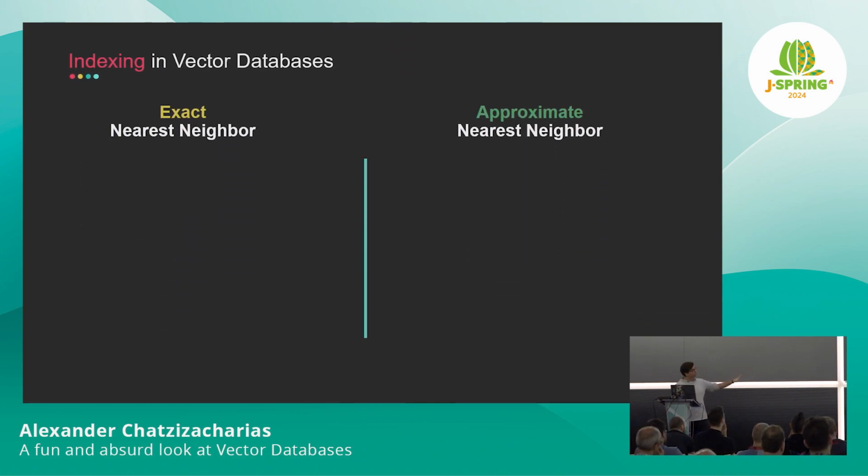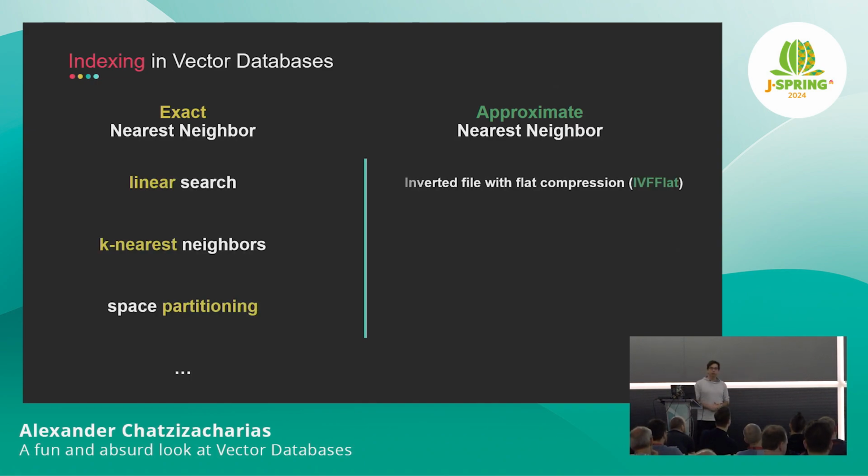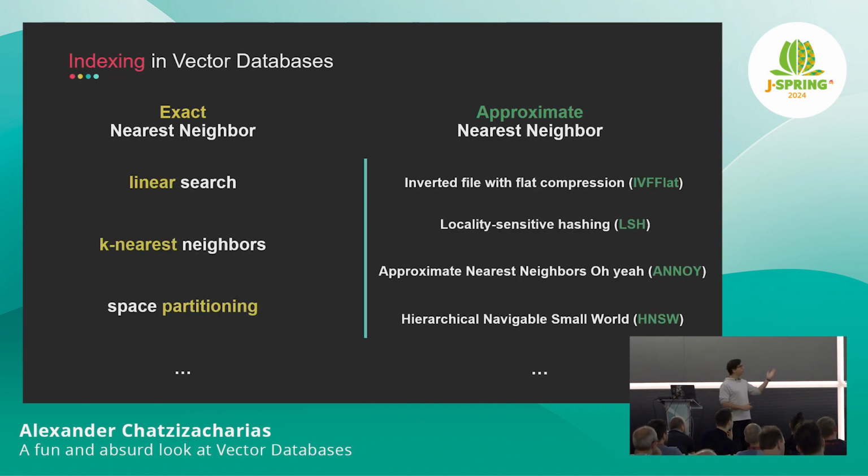OK, so when you index in vector databases, they have a lot of algorithms that you can use. For example, linear search. That means that whenever there is a vector entered in the vector database, it's going to check its position versus all the other vectors in the vector database. As you might think, this doesn't scale very well.